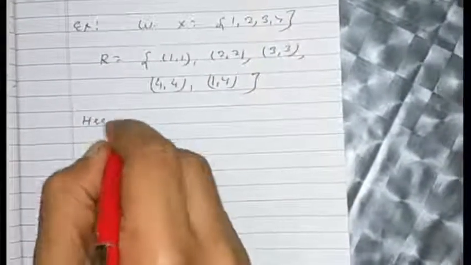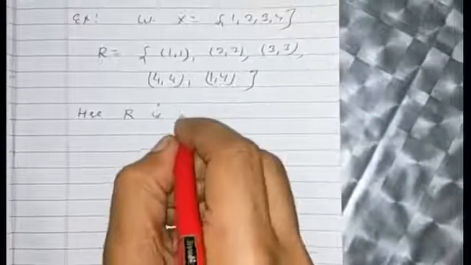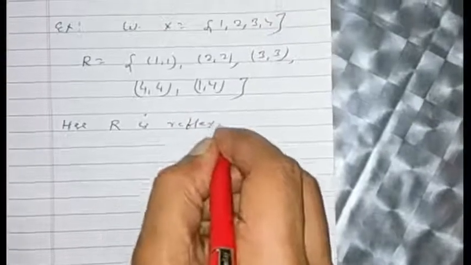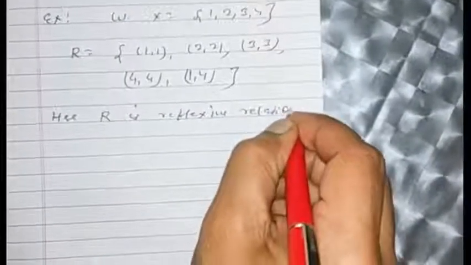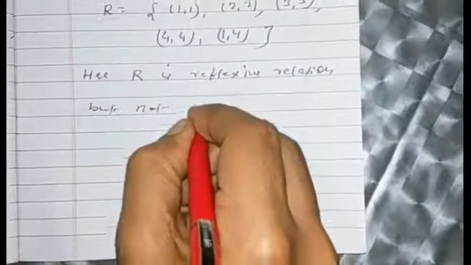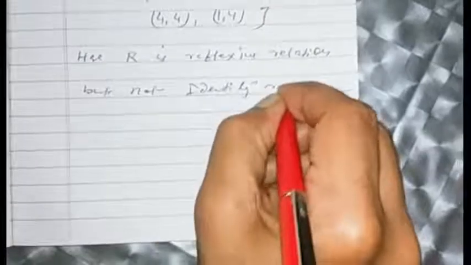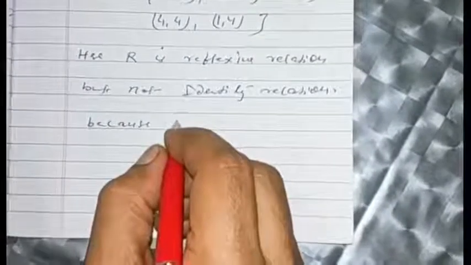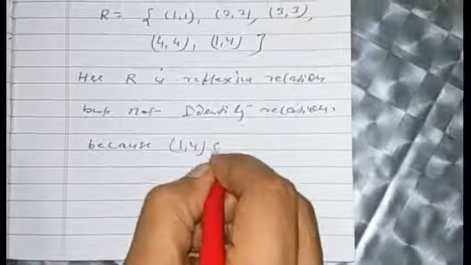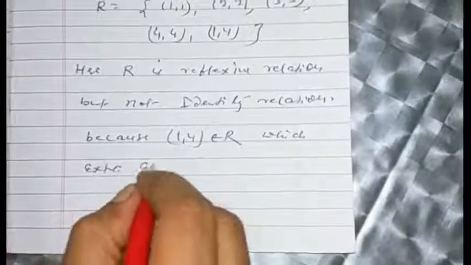Here R is a reflexive relation but not an identity relation, because (1,4) belongs to R, which is an extra element.